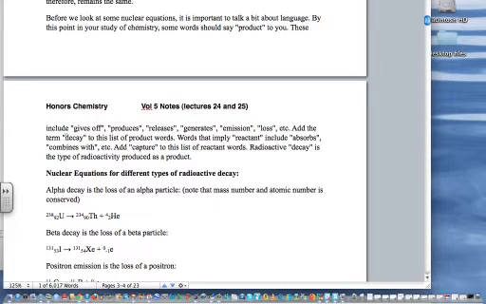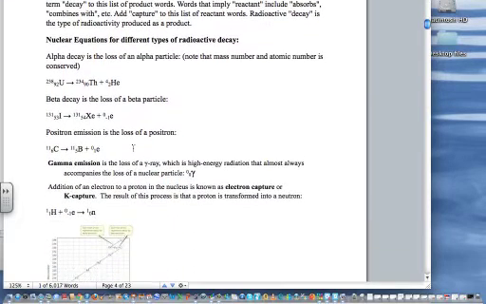So when we talk about radioactive decay, we are talking about products that are formed. All right. Words that imply reactant include absorbs, combines with, not as many for reactants, but add capture to this list. So there is a type of radioactive decay called electron capture, and the electron would be a reactant. All right, so let's look at some nuclear equations.